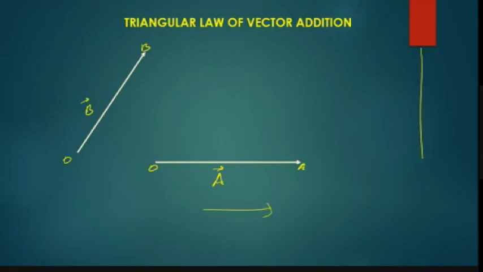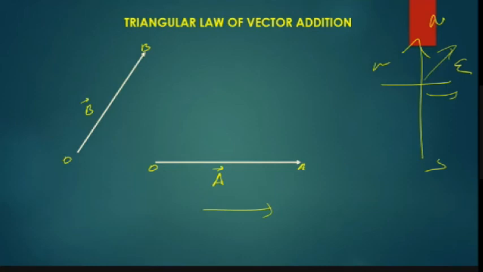In a map this is north, and east, west, south. So A is along east direction, B is along almost northeast direction. So their directions are not the same. They are making some angle between them. If they make some angle, obviously they are not collinear. If they were collinear, the process was very easy, but in this case it is not.